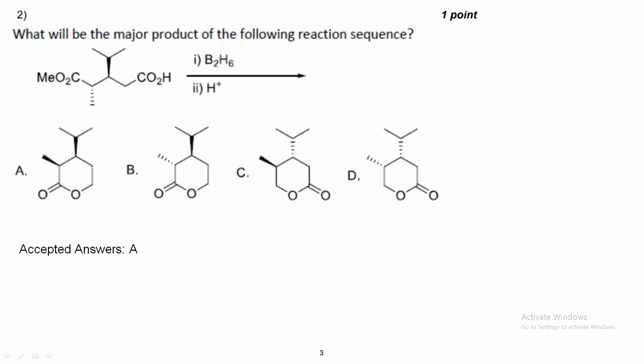I hope you know the chemoselectivity of reducing reagents. This BH3 can selectively reduce only acids, not esters. So this is a kind of chemoselective reducing agent.